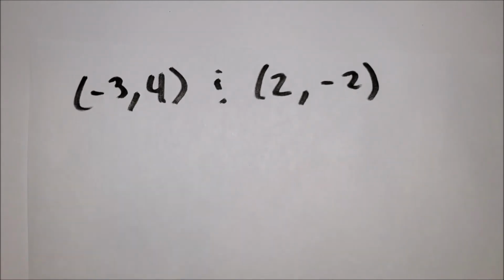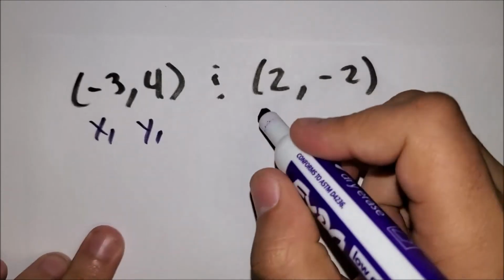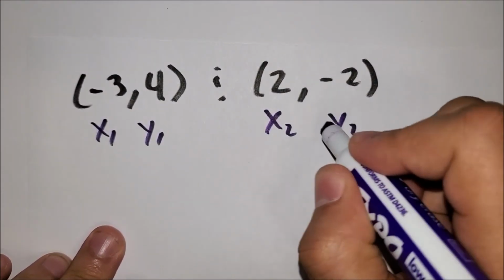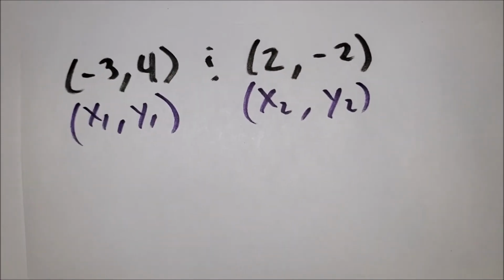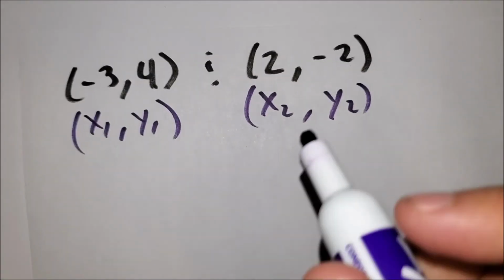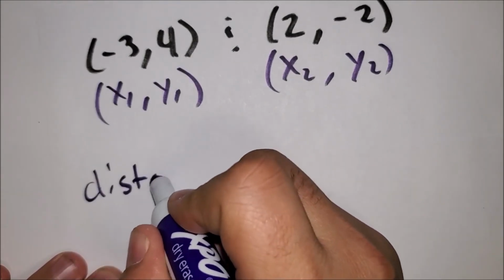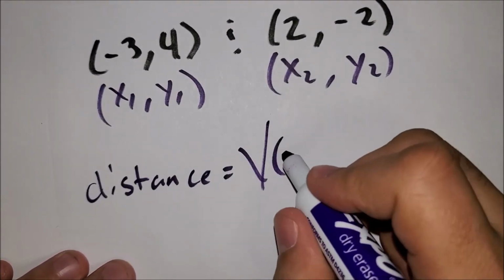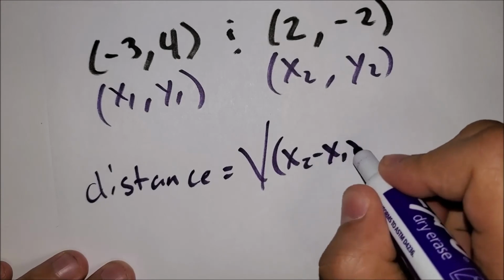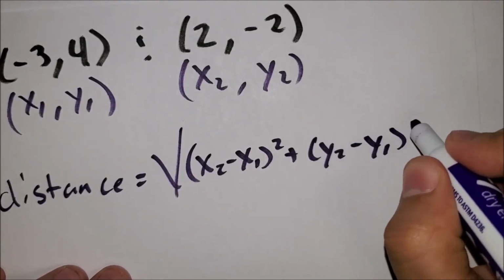First we would set our pairs as x1, y1, x2, y2, and we would say the distance equals the square root of x2 minus x1 squared plus y2 minus y1 squared.